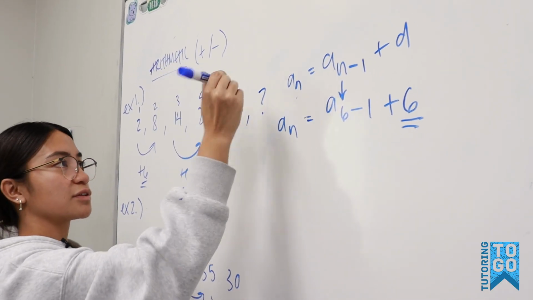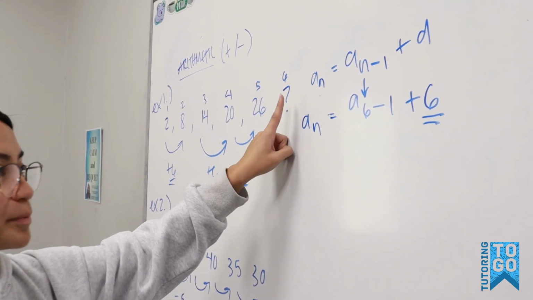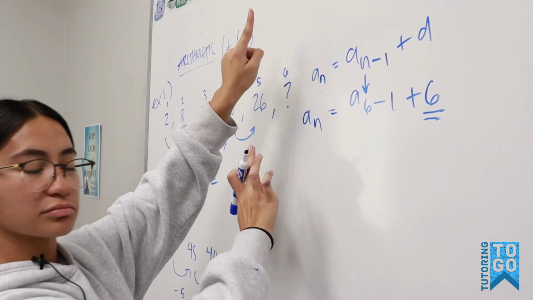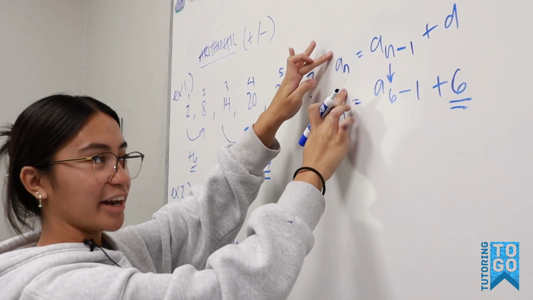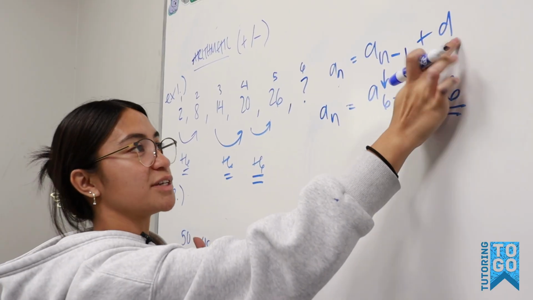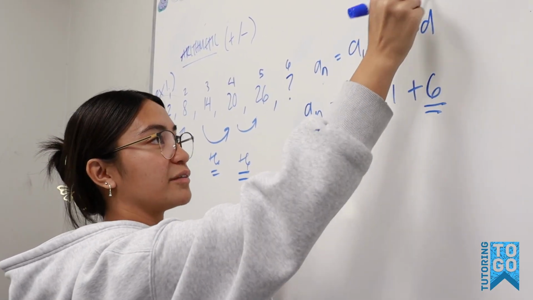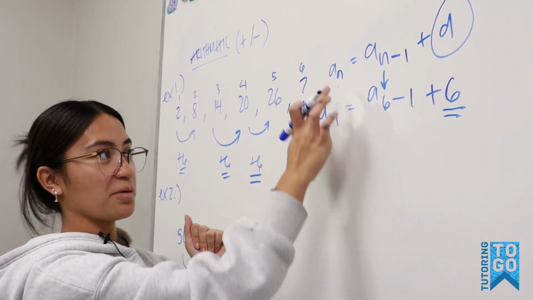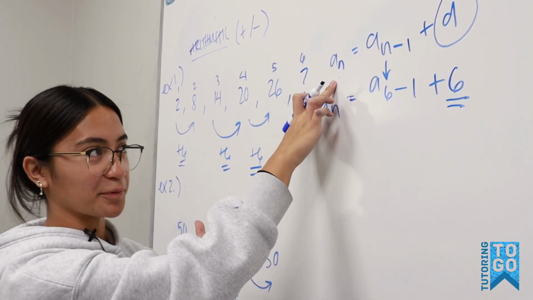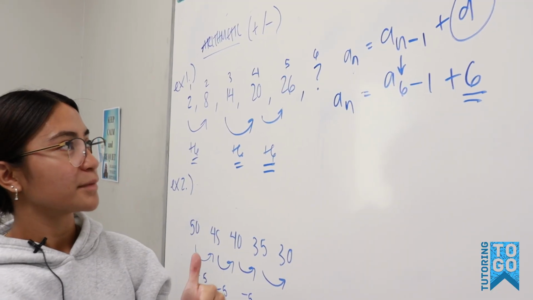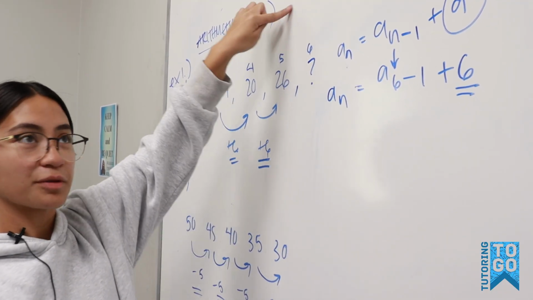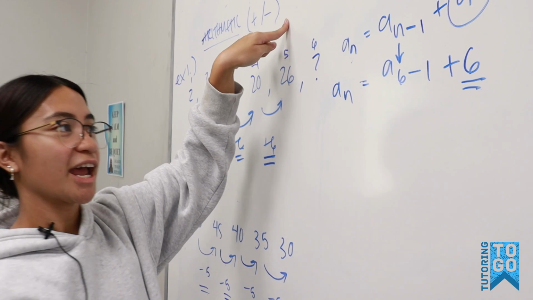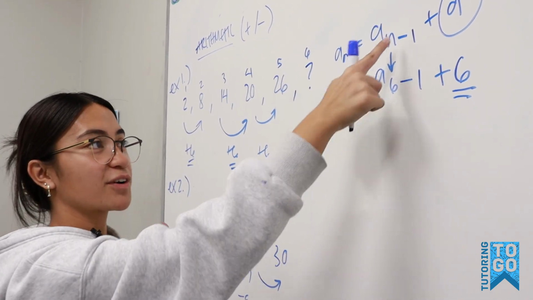So to apply this to a recursive equation where we need to know our previous term, let's say we don't know our sixth term, so our recursive equation is an equals an minus 1 plus d. We know our common difference. We don't know our an, so that's what we're finding. If we're finding 6, but we know the previous term, we could plug in 6 for n.